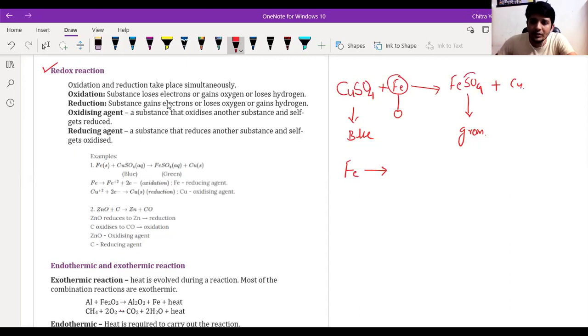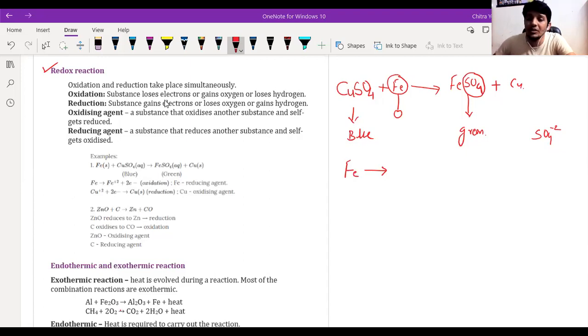We know the SO4 ion, the sulfate ion, has 2 negative charge on it. SO4 ion has -2 charge. Do you know how this ion has -2 charge? See, what happens here?